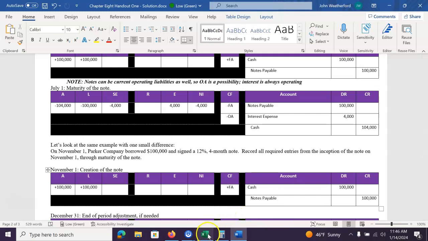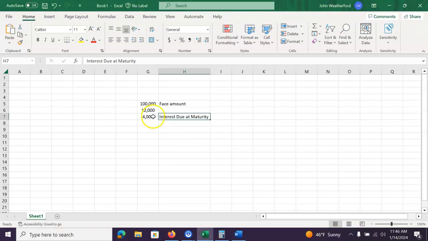So what we want to know is, of this $4,000 total interest on the note, how much of it has accrued or built up by December 31st. Well, the loan was taken out on November 1st. December 31st would be 2 months later, right? So what we can do here, instead of at maturity, we could say interest due at 12/31.